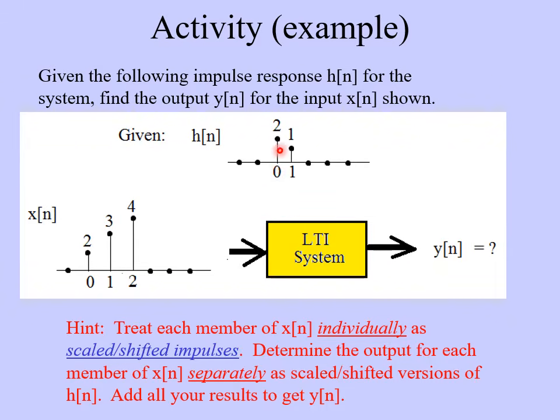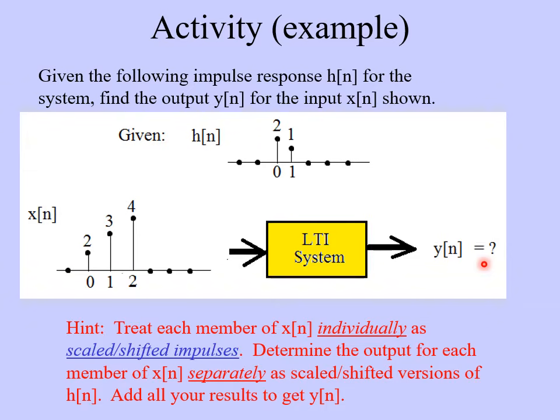Notice when n is equal to 0, it spits out a 2, and when n is 1, we get a 1. This is the output for an impulse, a delta of n function. Now the question is, what is the output of this same system if we put this into it? Notice there's a 2, a 3, and a 4, all one after the other.